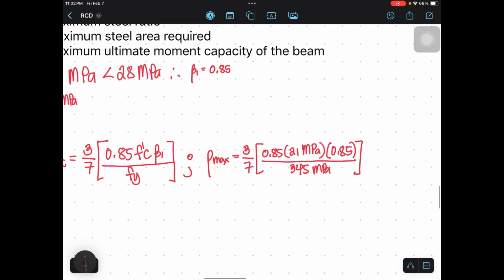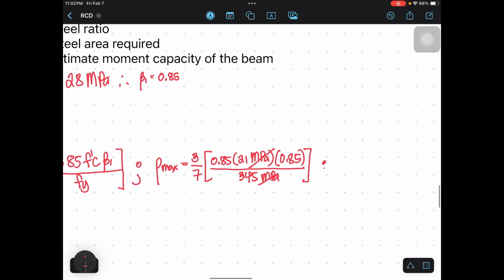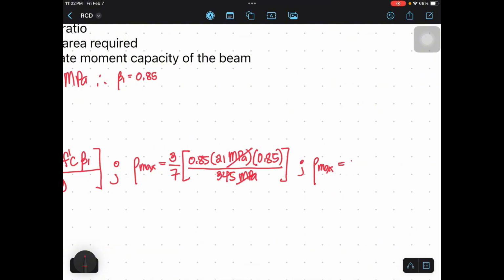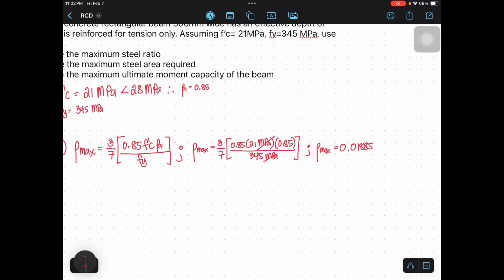So the unit of megapascal cancels. Therefore, our rho max is equivalent to 0.01885. So that is for the maximum steel ratio.